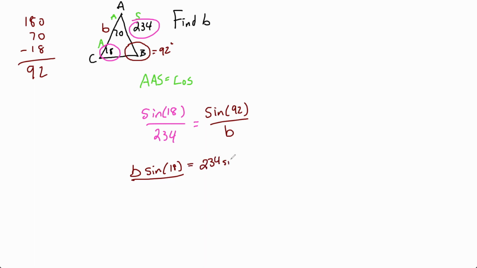And 234 sine 92, divide by sine 18. These guys are gone, and I can plug that into the calculator. And I need 234 times sine 92, and divide that by sine 18.